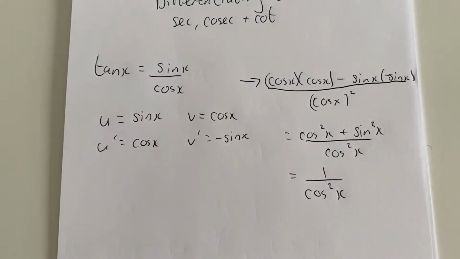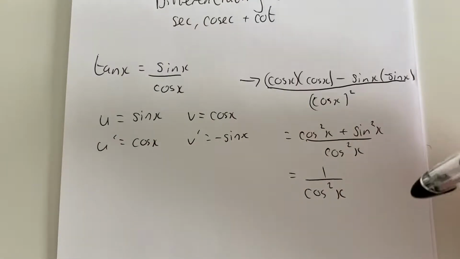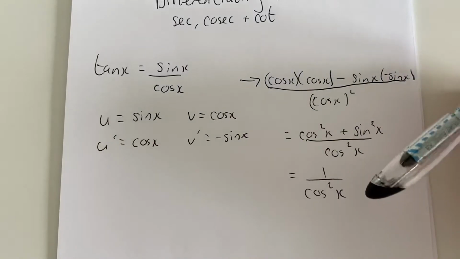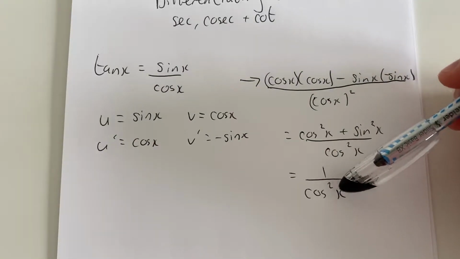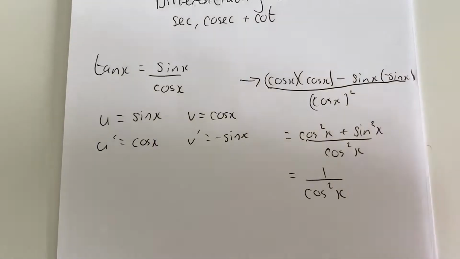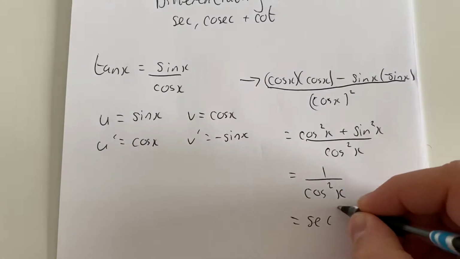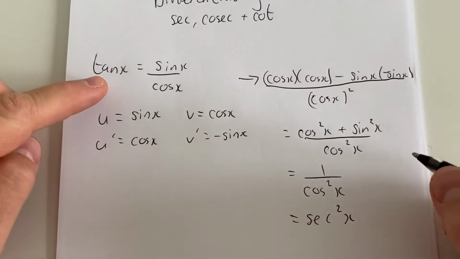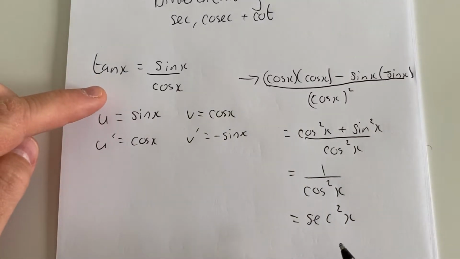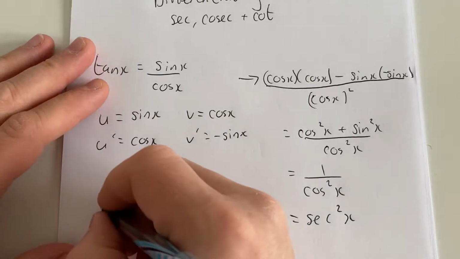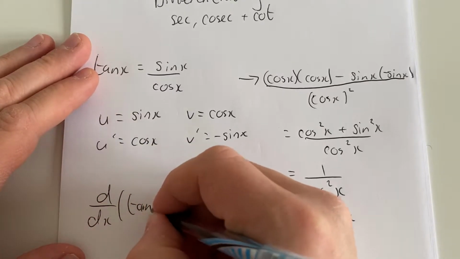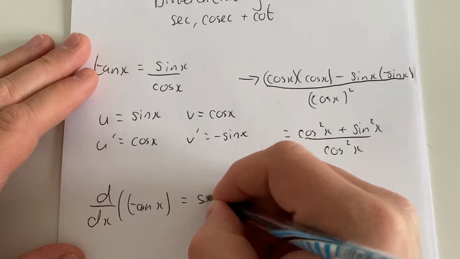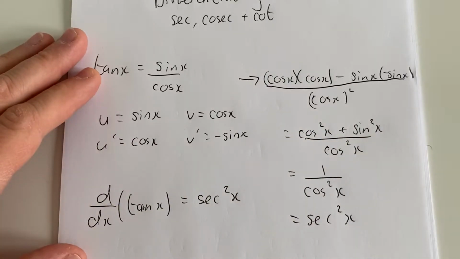Now, when I was writing the answers to your work the other day, that was as far as I went. But you should hopefully know from the video I did yesterday that 1 over cos squared is the same as sec squared. So now we're going to say tan x differentiates to sec squared x. So if you differentiate tan x, that would get you sec squared x.